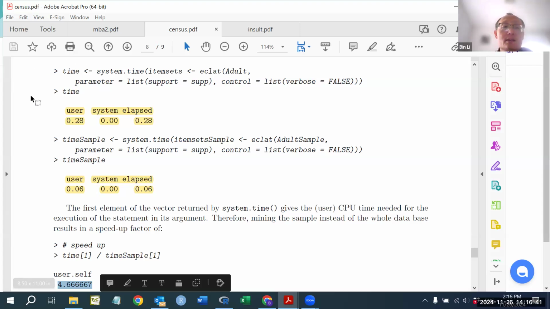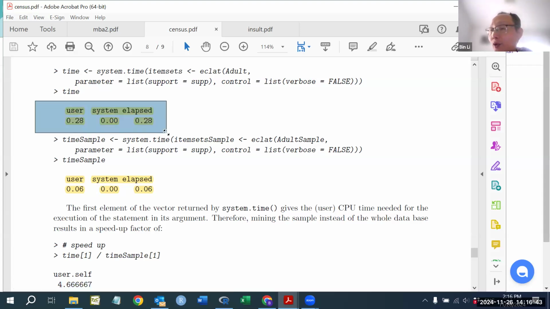Don't think this 0.28 is negligible, because this is a toy set. This is a very small sample size, 48,000. As I said, if you change to billions of transactions, millions or 100,000 items, the computation time will be days, weeks.